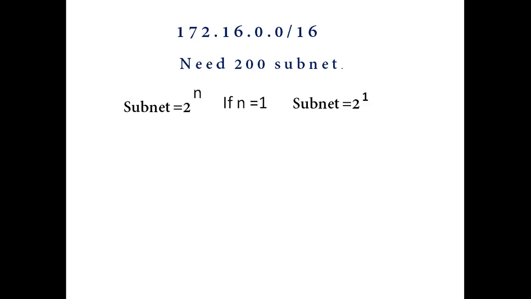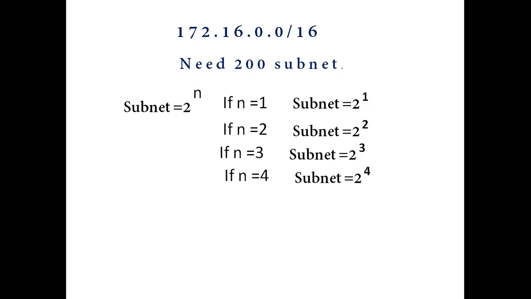If n is equal to 2, meaning if you convert 2 host bits into network bits, then you will get only 4 subnets here. If you convert 3 host bits into network bits, then you will get only 8 subnets here.